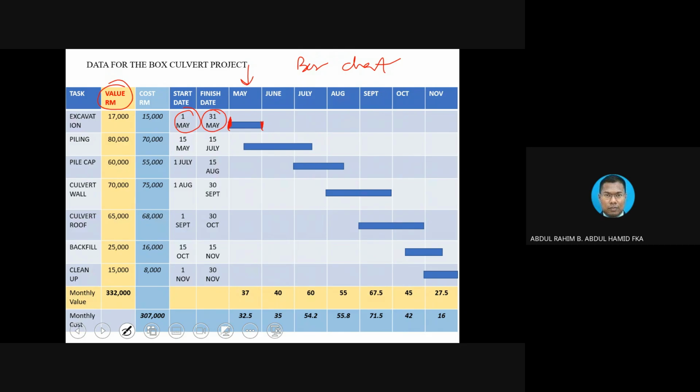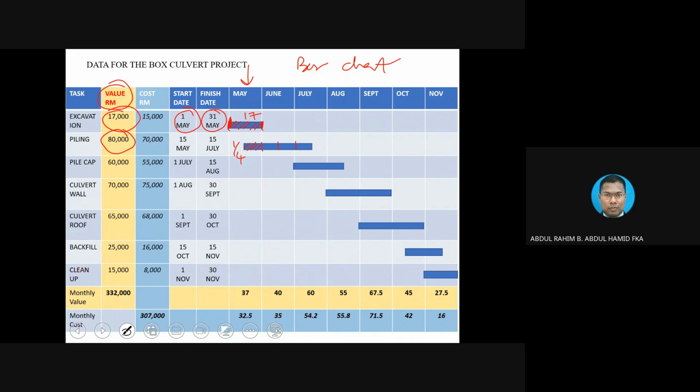May, for instance, 17. So we assume the whole bar value is 17 because it is only 1 month. And then for piling, 80,000, but piling basically spreads from the middle of May until July. I can split into 4, let's say 1 to 4 sections. You notice that this section reflects 1/4 of the whole bar.